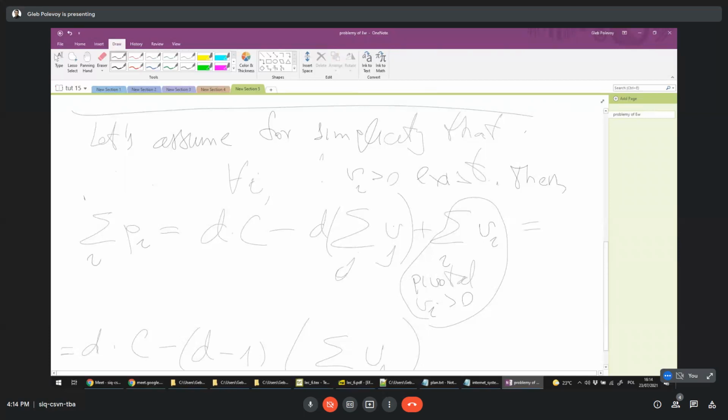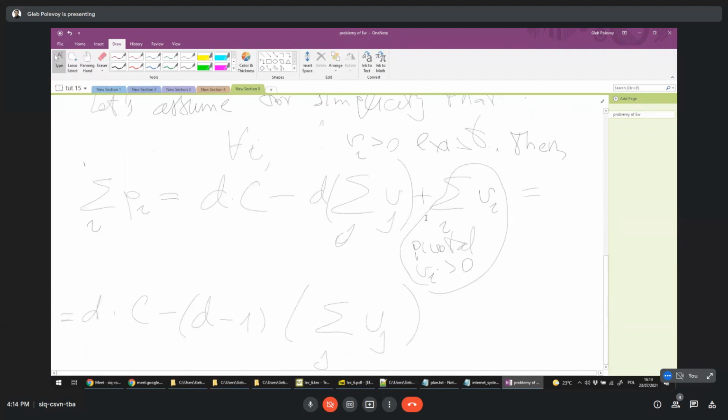Now, the second use is that we're going to say that this sum is going to be smaller or equal than this: D times C minus D times this sum. Now I'm just copying what it was before, plus I increase what I have by summing over all the values, not only of the pivotal, but all the values.